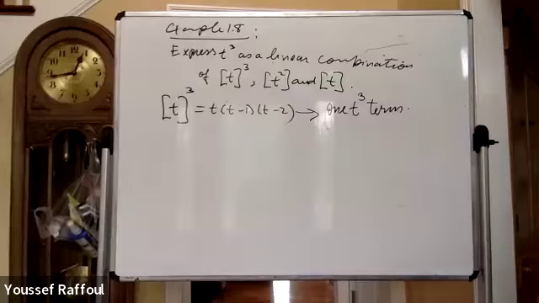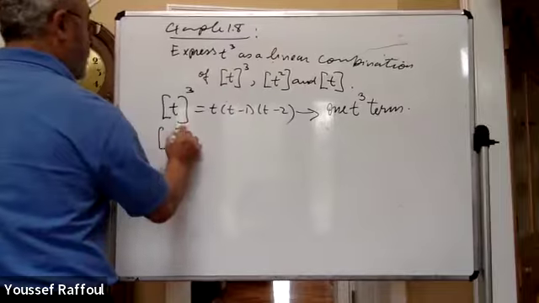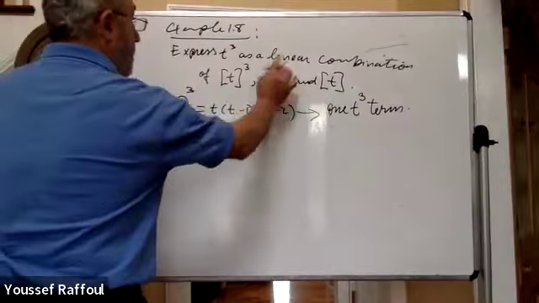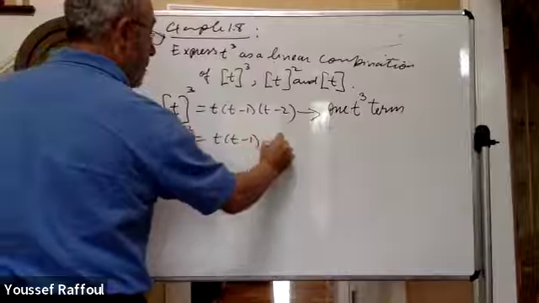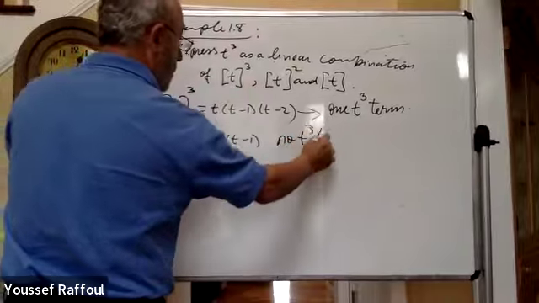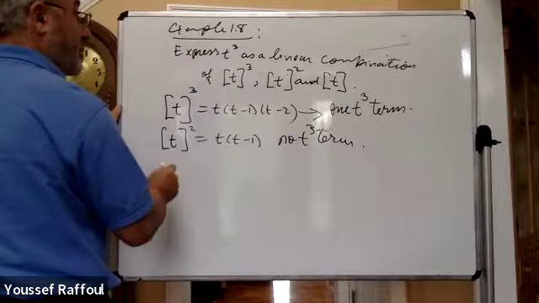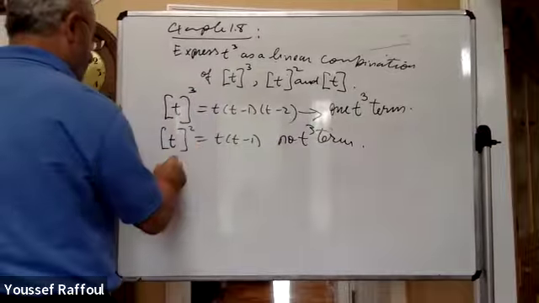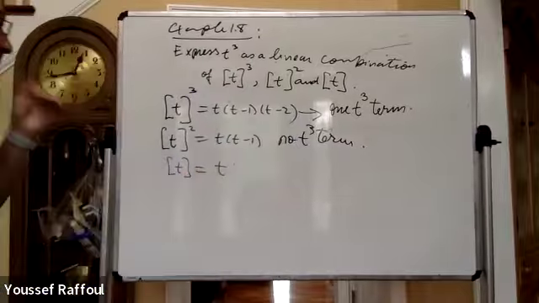Okay. What about t squared? t squared is t times t minus 1. No t cubed term. And t is basically t.